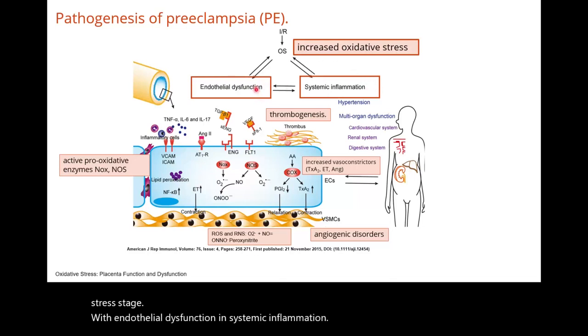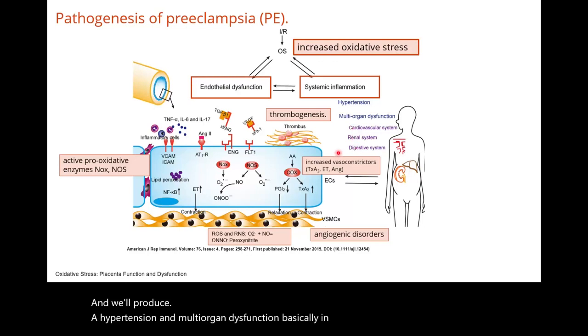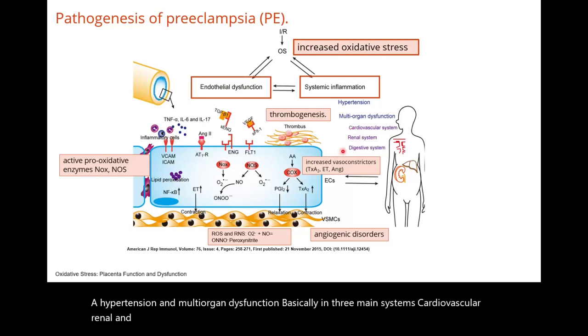Those two processes will be done simultaneously and will produce hypertension and multi-organ dysfunction, basically in three main systems: cardiovascular, renal, and digestive symptoms.